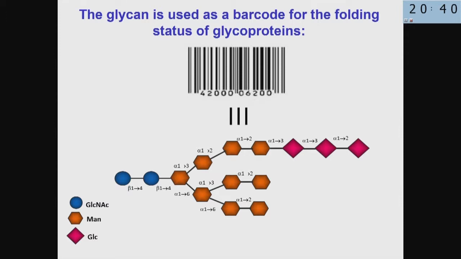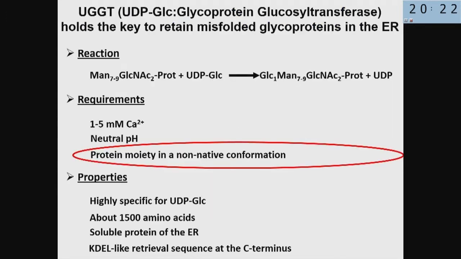And the first indication that the cell uses the glycan as a barcode for the folding status of glycoproteins came several years ago when we detected the presence of a rather unusual glucosyltransferase in the lumen of the endoplasmic reticulum.